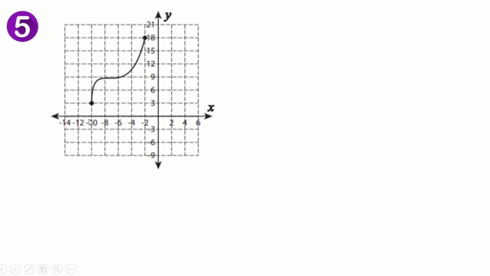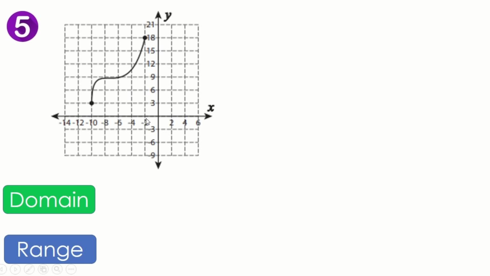So, end niya is -10. Dito muna kayo titingin para makuha natin yung domain dyan. So, nag-end siya sa -10. And then up to -2. So therefore, ang domain natin ay mula kay -10 up to -2.